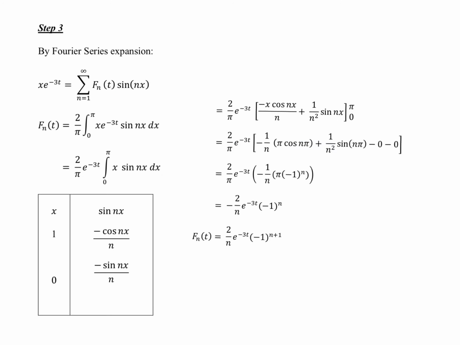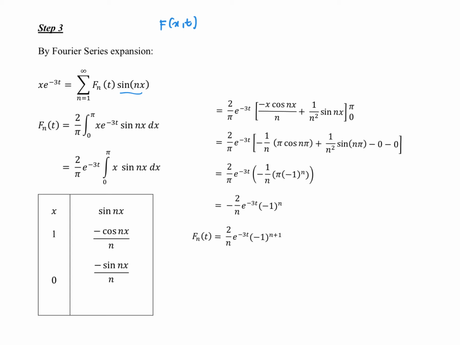For step 3, we are going to solve for f(x,t) first. So our f(x,t) = x e^(-3t) = summation of f_n(t) sin(nx).